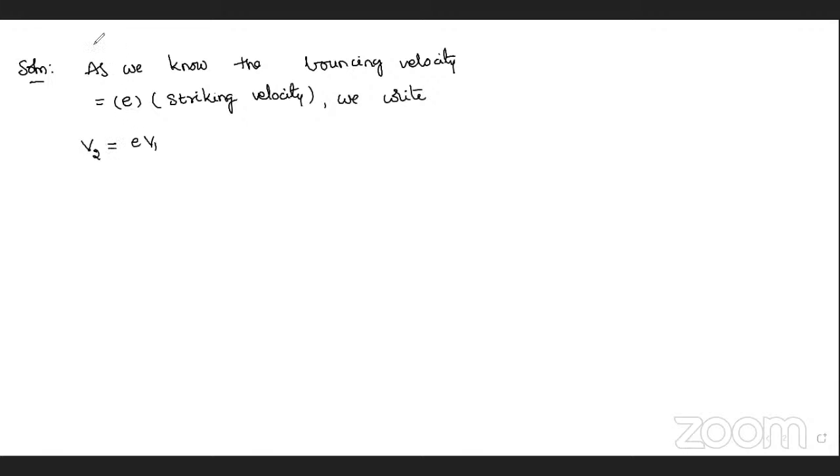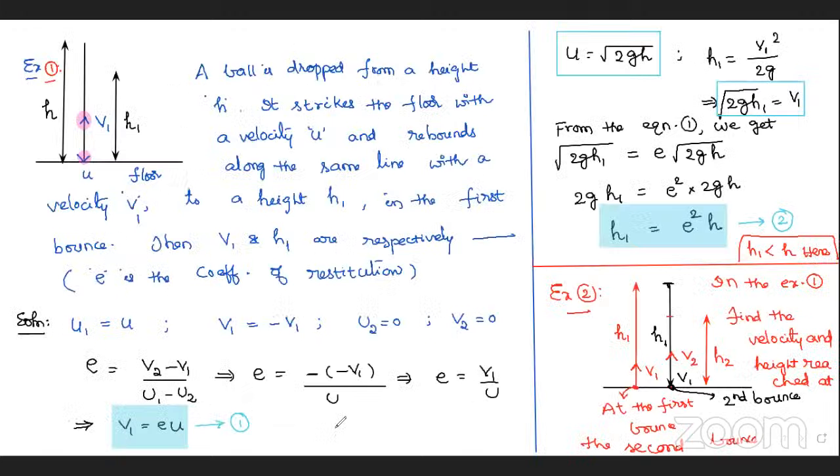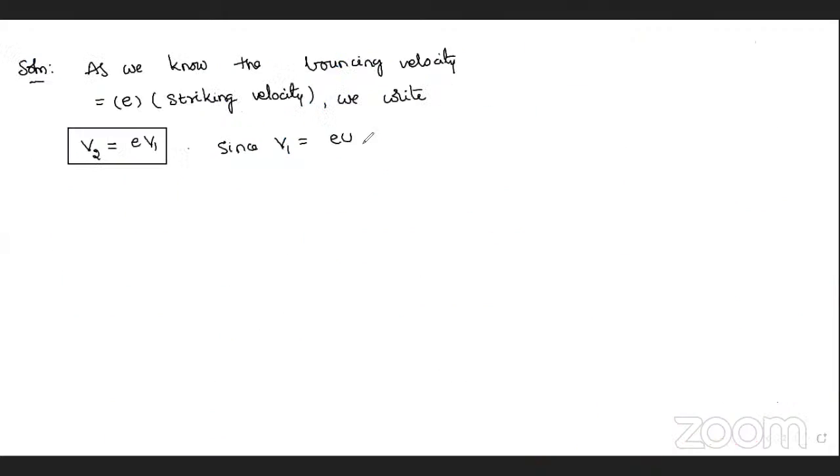But already you know v1 is equals to eu. So why should you stop here? Why don't you write v2 is equals to e into v1, that is eu. That implies v2 is equals to e square into u.